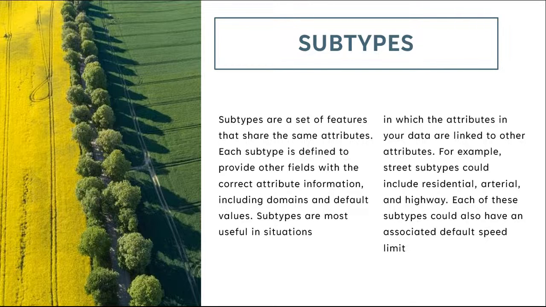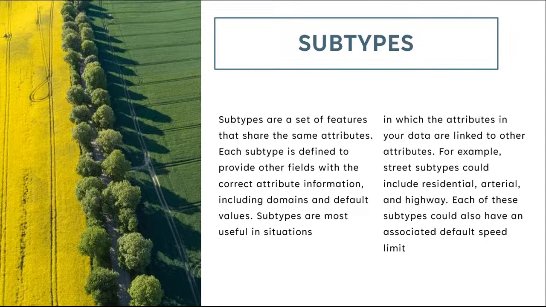Each subtype is defined to provide other fields with the correct attribute information, including domain and default values. Subtypes are most useful in situations in which the attributes in your data are linked to other attributes. For example, street subtypes could include residential, arterial, and highway. Each of these subtypes could also have an associated default speed limit.